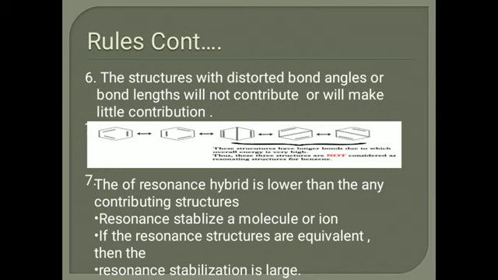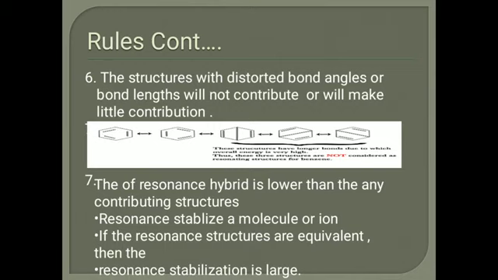As we see through the example, the first two benzene structures are more stable and the other three are less stable, because the first two each have 39% contribution, and the next three each have only 7% contribution, because in these we can see the bond length is greater than the others. So the bond length will be distorted, and they will have little contribution, or less stability.